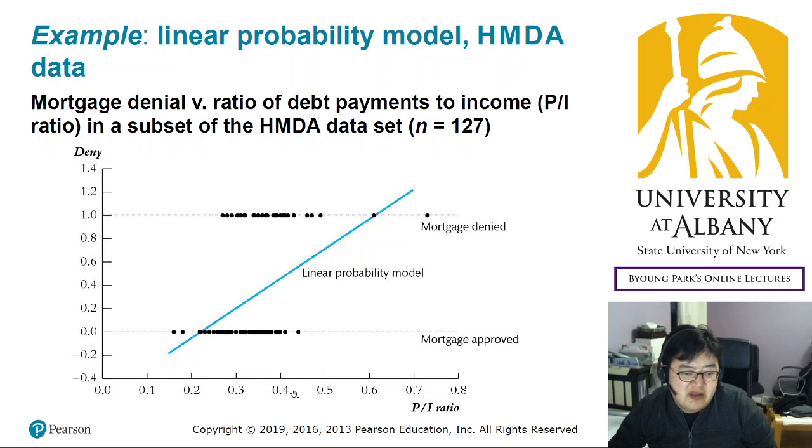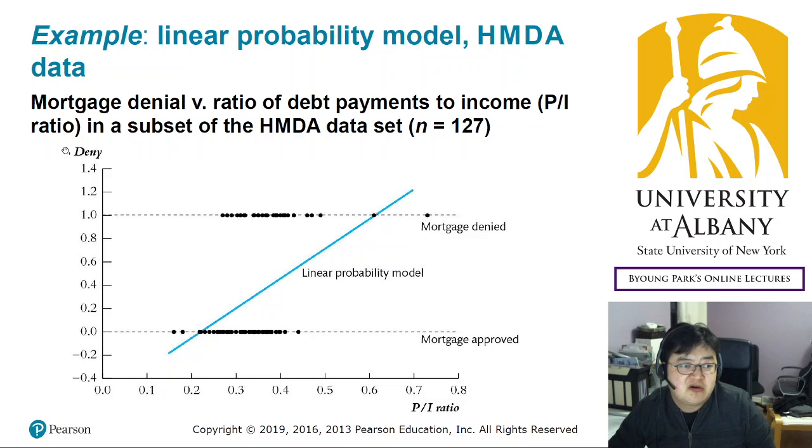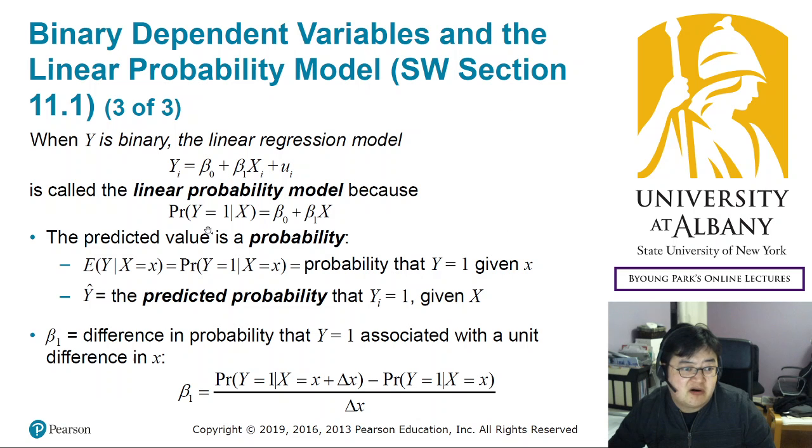Just assume that if your PI ratio is 0.4, the estimated value is 0.45, then you have to interpret 0.45 as the probability of denial, because 1 stands for denial, right? So it is the probability of y equals 1, which means denial. So you are estimating the probability that your application is denied.